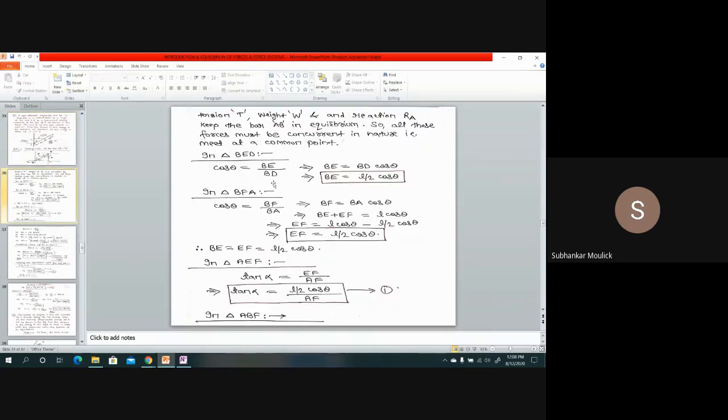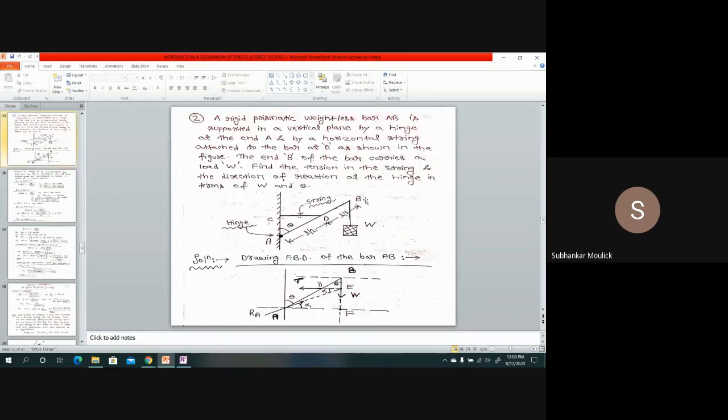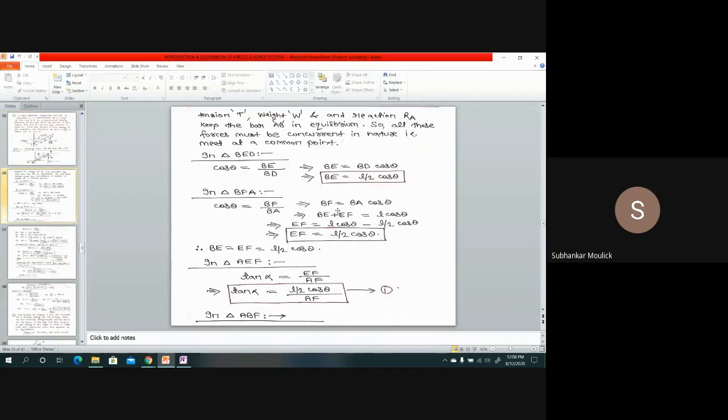Cos theta is BE by BD, so BE is equal to BD cos theta. And BD is nothing but L by 2. So BE becomes L by 2 cos theta. Is it clear up to here? Yes, sir.